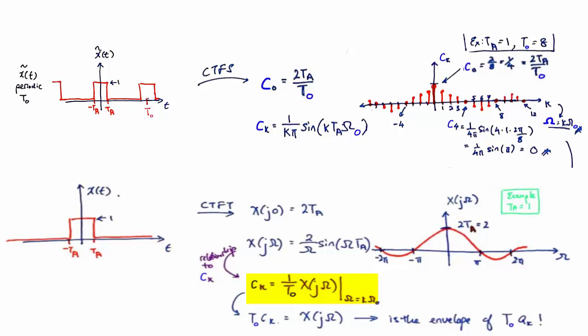In other words, we can also think that Ck times T naught equals X of j omega, where X of j omega is the continuous time Fourier transform of a single period. So this is the relationship. We will derive this relationship later, but now in this figure, we have an overall picture of the difference between the continuous time Fourier series and Fourier transform of a periodic signal versus the continuous time Fourier transform of a single period of the periodic signal.